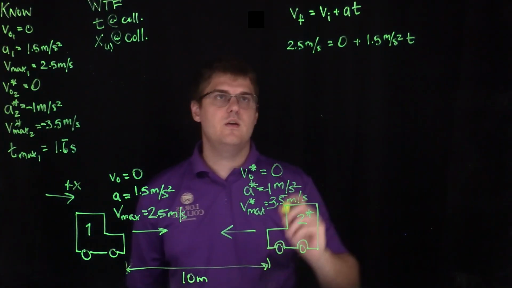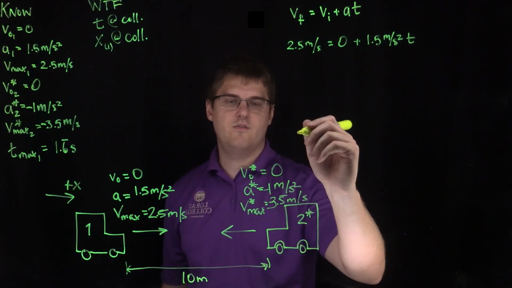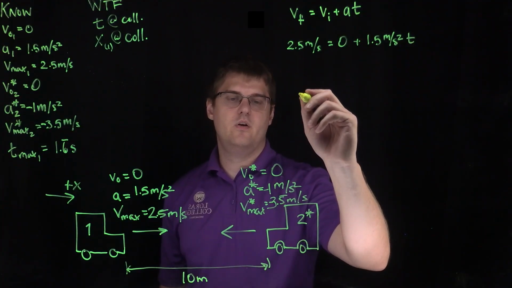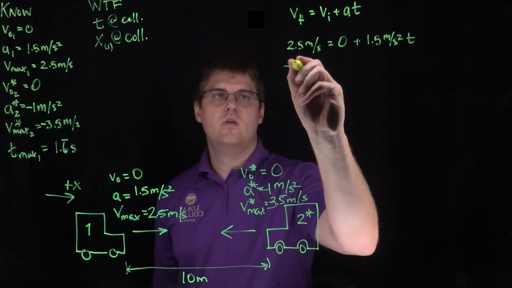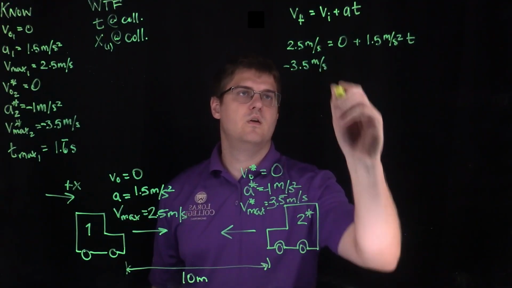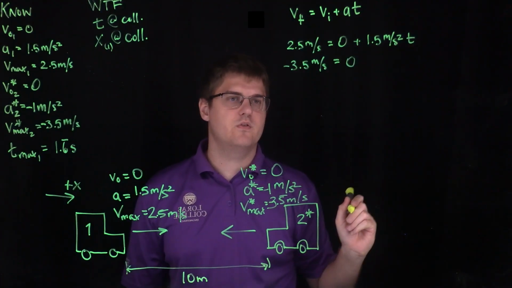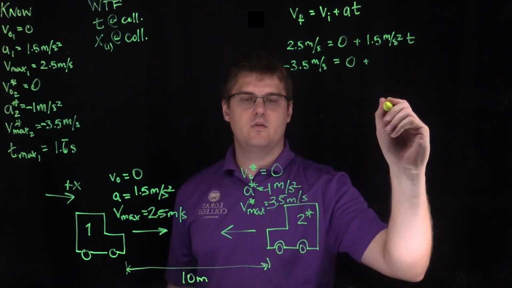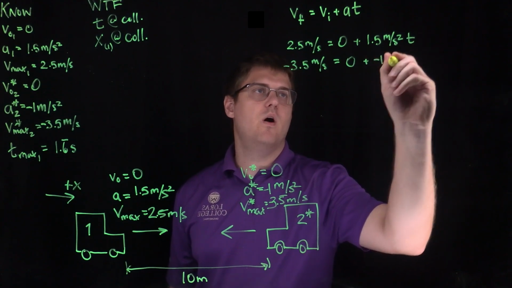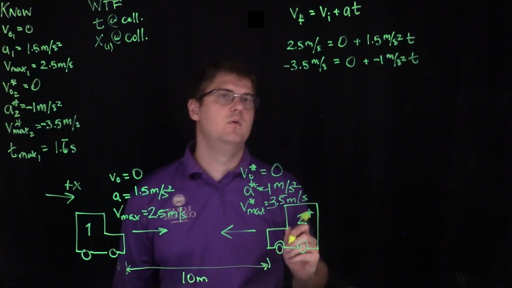Doing the same thing for my second tractor, I've got velocity final of negative 3.5 meters per second is going to be equal to 0, because I'm not moving to start, plus my negative 1 meters per second squared times my time.